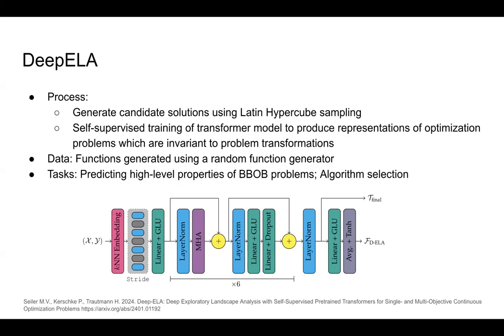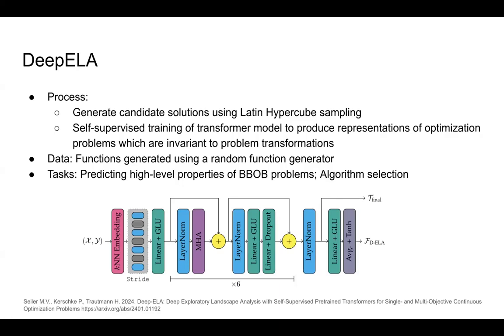And the way this is done is you're essentially providing an original problem to the model and some transformed variant, and the model is supposed to learn a similar representation for functions which come from the original problem functions, but have different transformations applied to them, and then different embeddings for different problems.